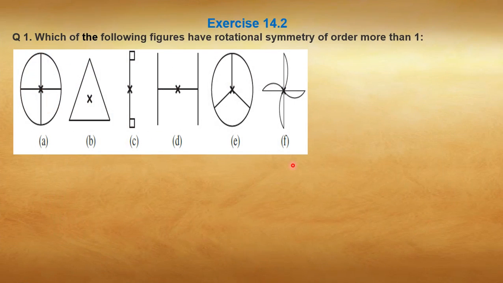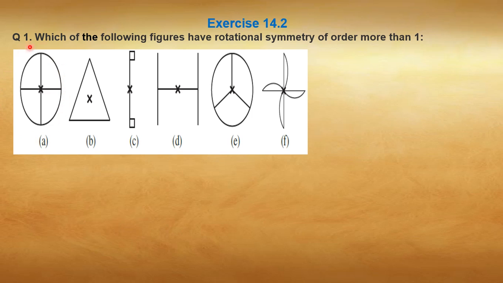Let us revise this first. Meaning of rotational symmetry: any figure or object, when it turns one time and looks as it was previously, then that turn is the order of rotation.